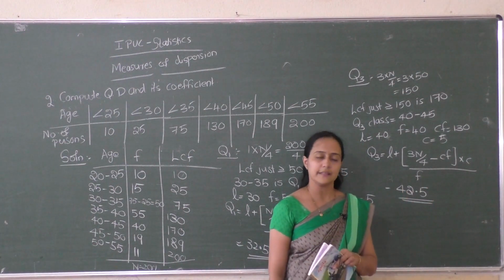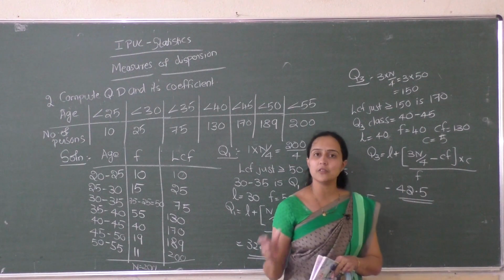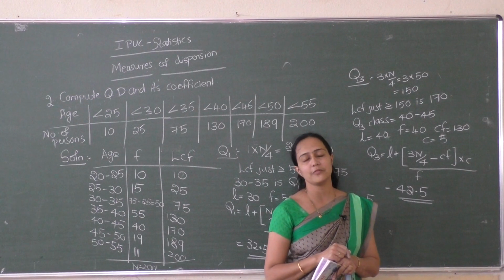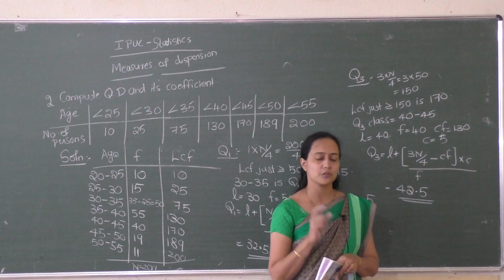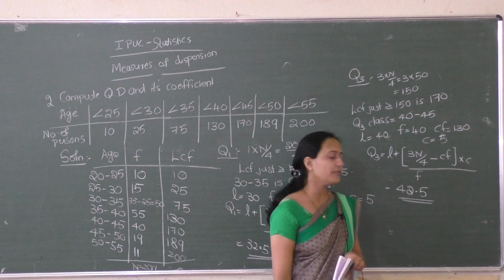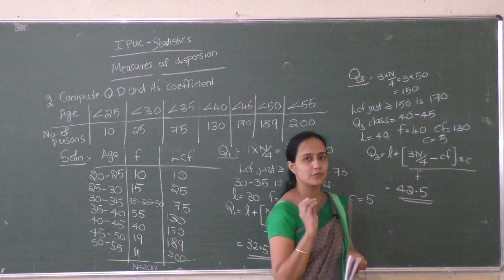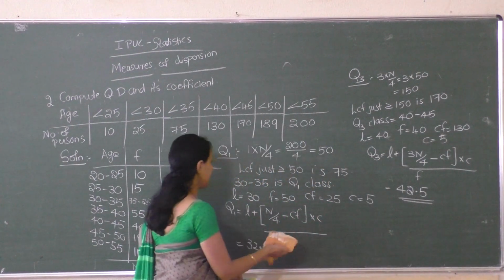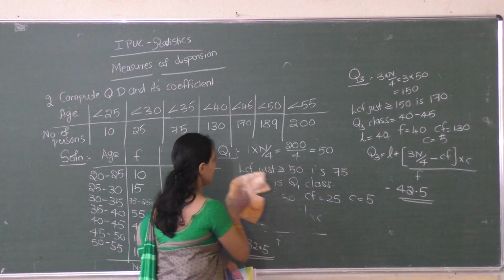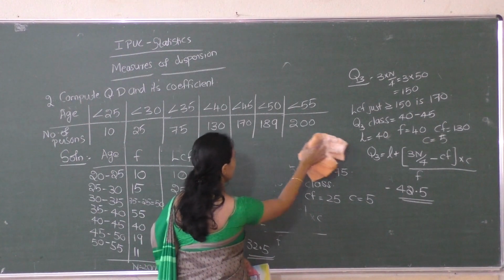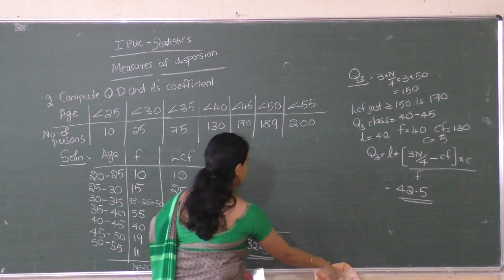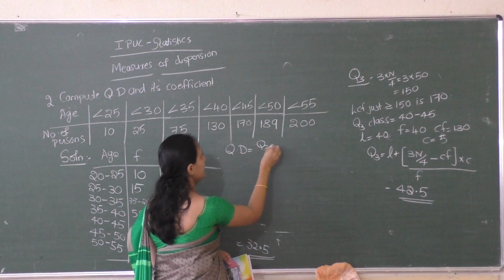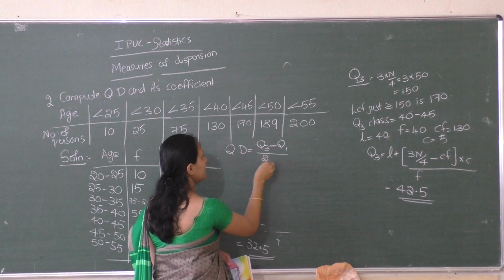Clear now? Yes. Then we found Q1 and Q3. What do we have to find next? Next we have to find QD and its coefficient. The QD formula is Q3 minus Q1 divided by 2, isn't it? So QD equal to Q3 minus Q1 divided by 2.